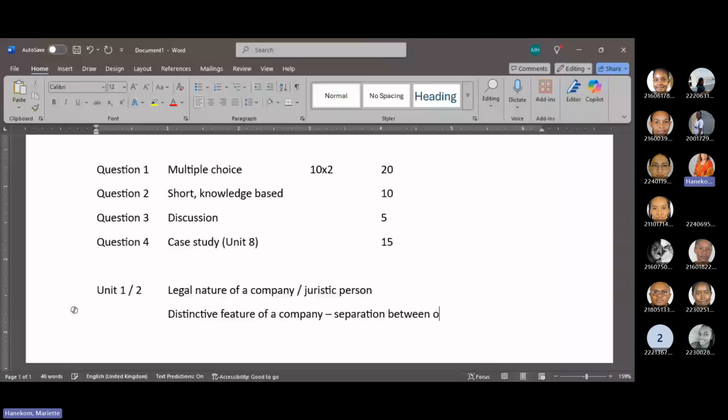Your board of directors versus your shareholders. This has been in all the units so far. This has been like a golden thread running through our lectures.